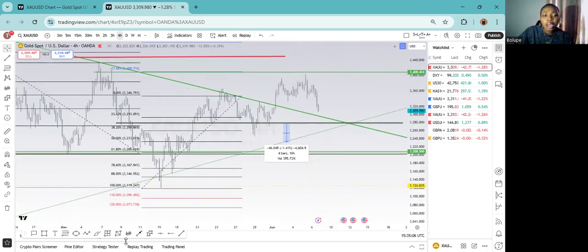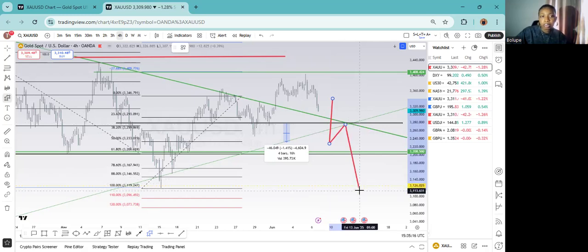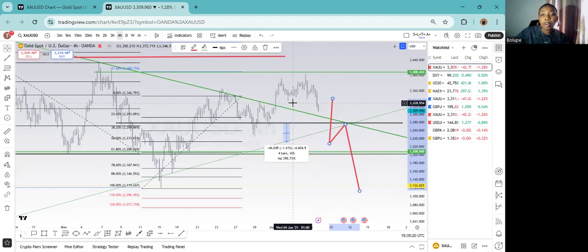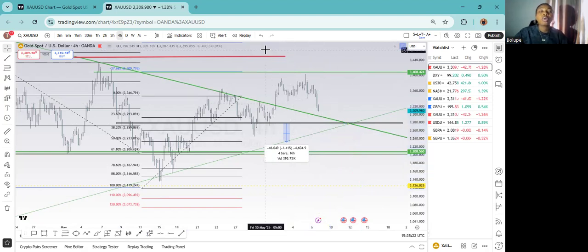But if price is going to continue going down, we are still going to wait and see for it to come back inside that trend line, retest that trend line, and then keep going down and give us more bearish momentum. So overall, now bearish, in between, you could have bullish structures inside.